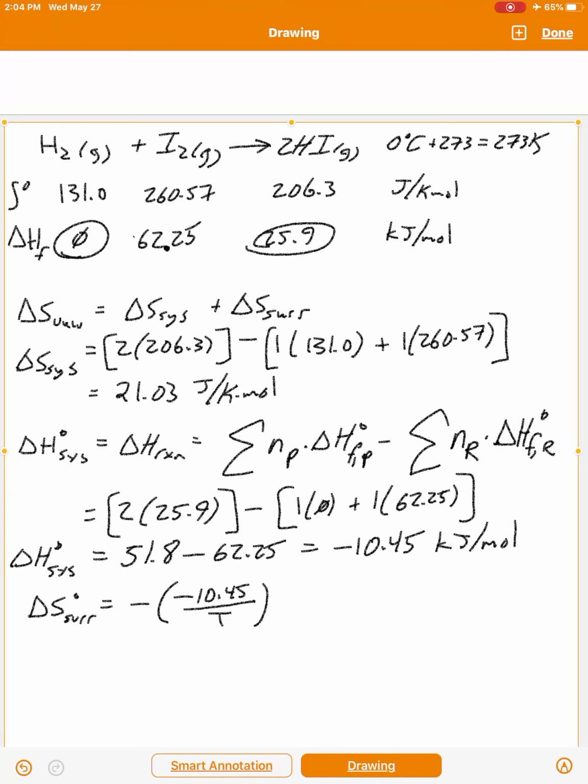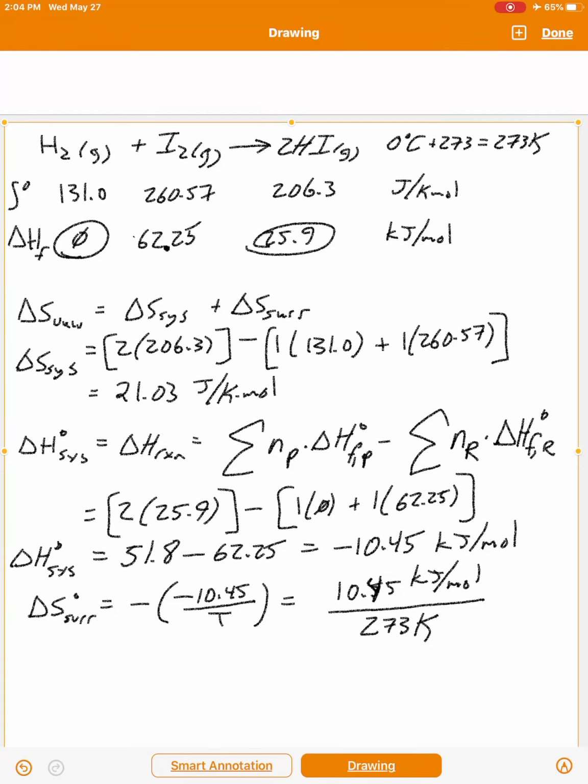Okay? So this would be 10.45 kilojoules per mole divided by T. Since this is at 273, we'll put that in there. Okay? Now, here's what happens.